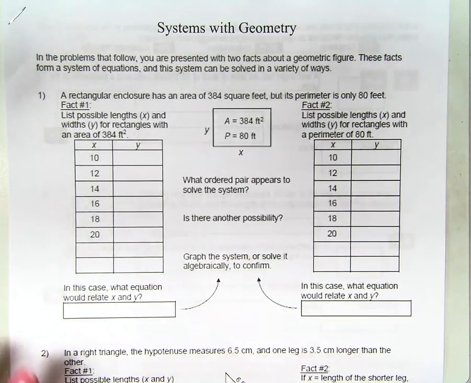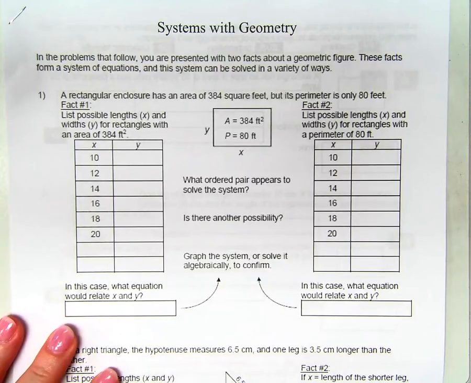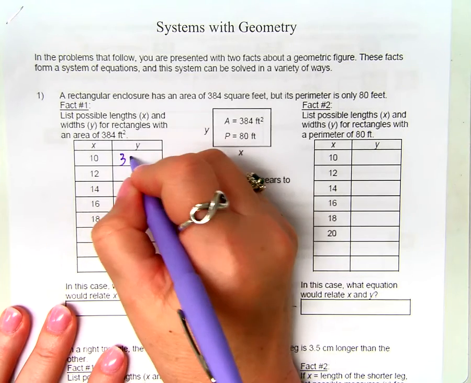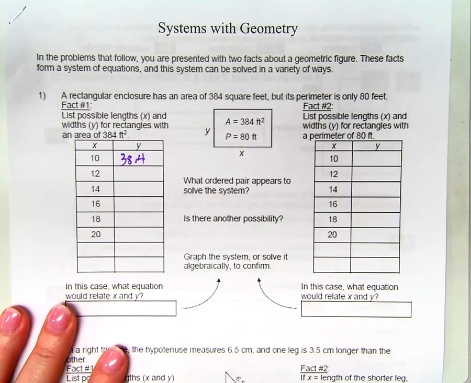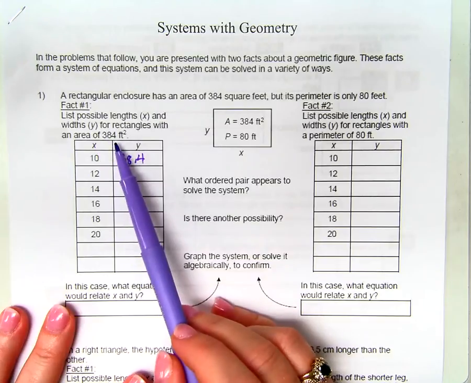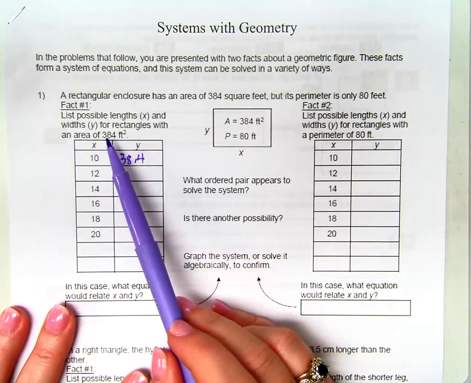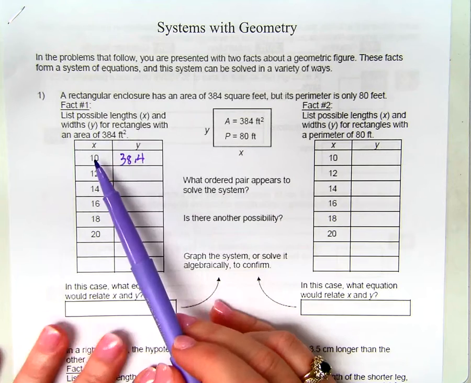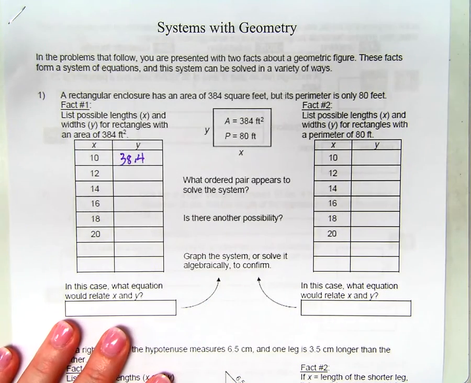Well, if x is 10, what's y? 38.4? How do you know it's 38.4? Area is 384. Length times width equals area, right? So if we know the area and we know the length, we divide area by the length to find the width, correct?